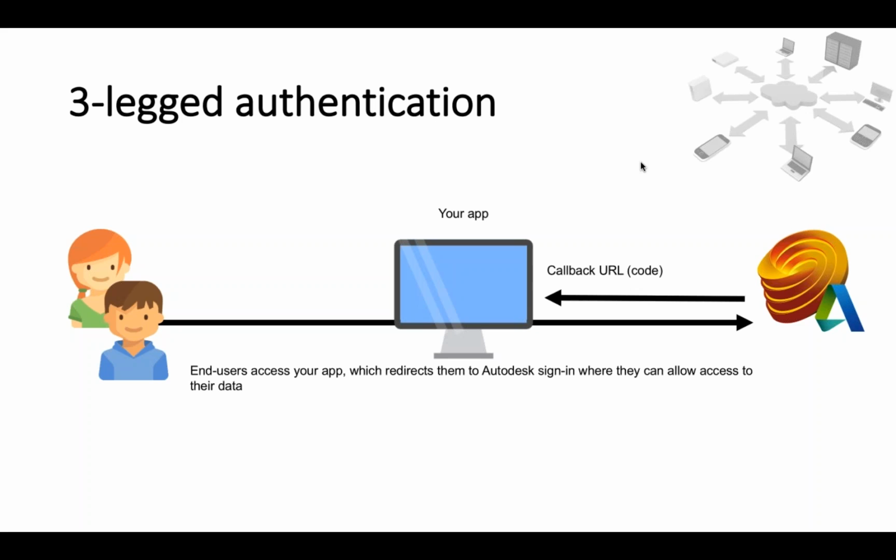The Autodesk server will call back your application using the callback URL that you specified when you created the app on our developer portal. And this callback URL will contain a code that your application will then use to perform another request to the Autodesk server in order to request the final token.